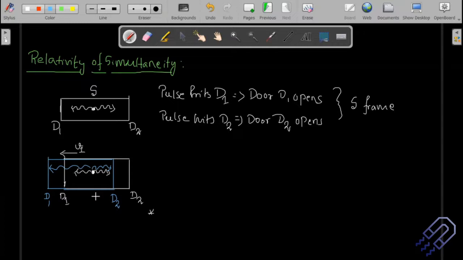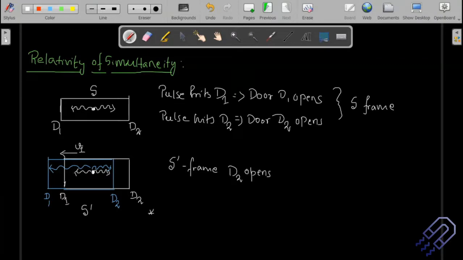This is very interesting. I hope you get a clear picture of this. Let me write it down a bit here. A few sentences will do, and if you get this, you can write it in your own words. So in the S1 frame, D2 opens before D1. It also depends on the direction, obviously.